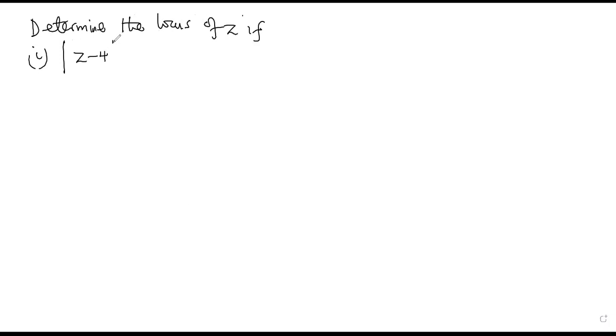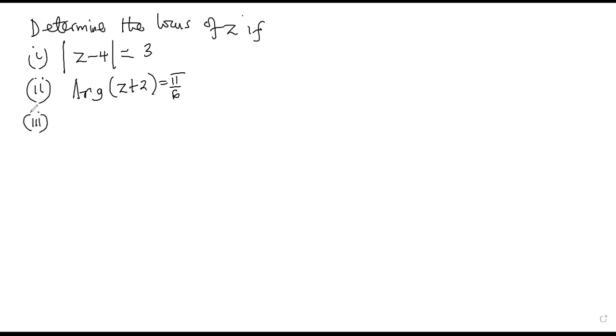Meaning that, let's say, determine the locus of Z if Roman 1, magnitude of Z minus 4 is equal to 3. Roman 2, argument of Z plus 2 is equal to pi over 6.